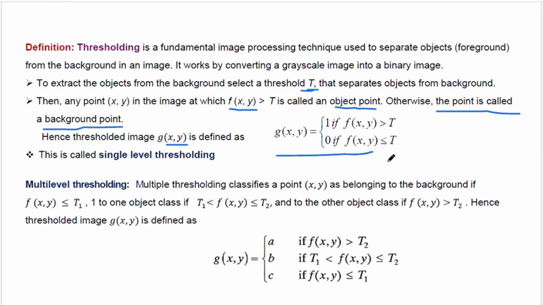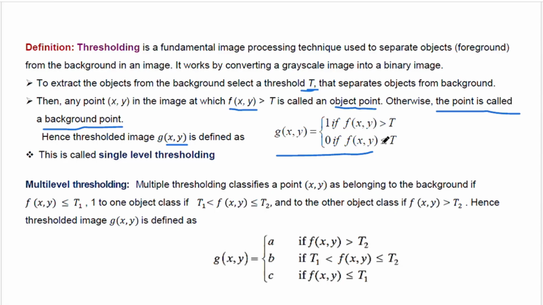It is 0 if f of x comma y is less than or equal to T. Means if you take an image in the form of a matrix with different intensities, then choose a threshold T, then compare every pixel intensity with T. If the pixel intensity is greater than T, mark 1, and if the pixel intensity is less than T, mark 0.